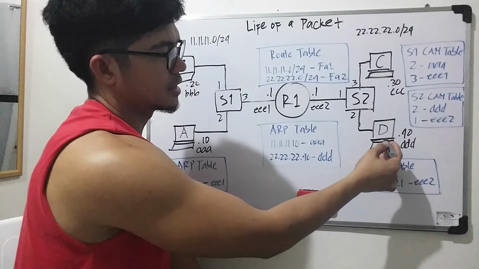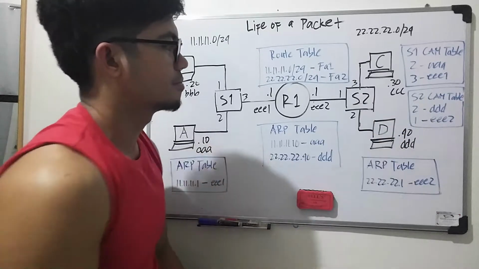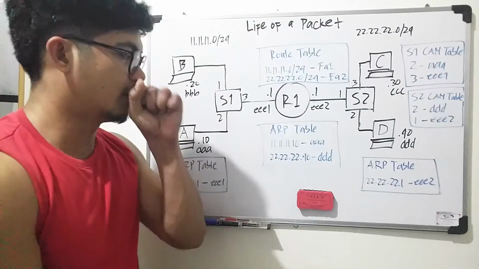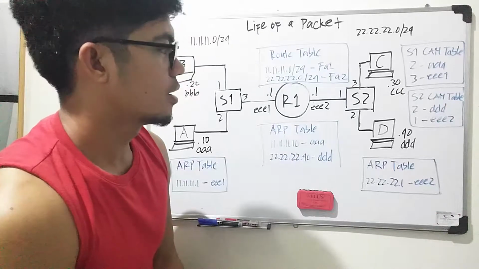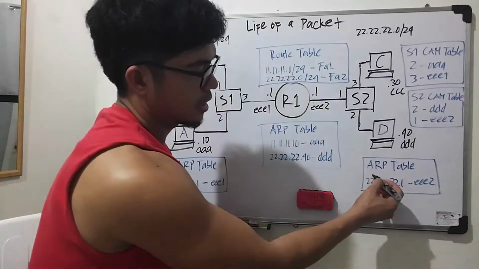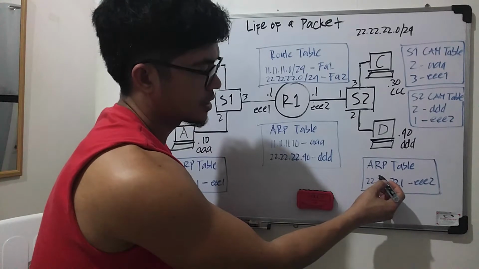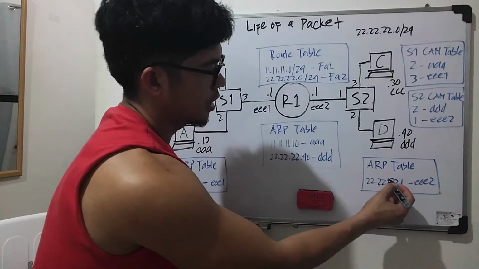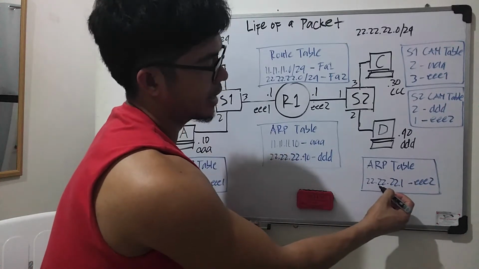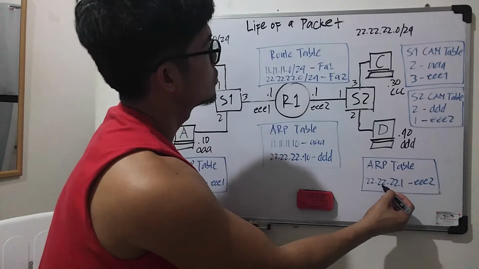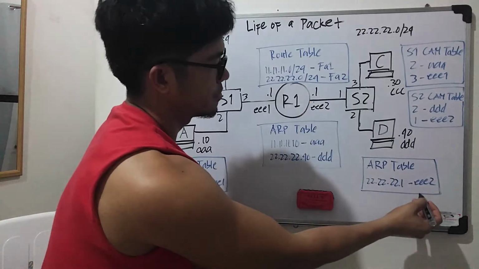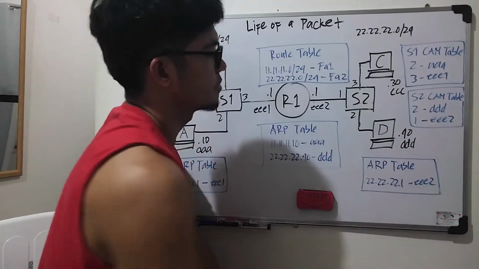So host D is going to process it, and host D will basically do two things. It's going to add an entry to its ARP table, as you can see here. So basically this is the IP address of router 1's interface here, and its MAC address.